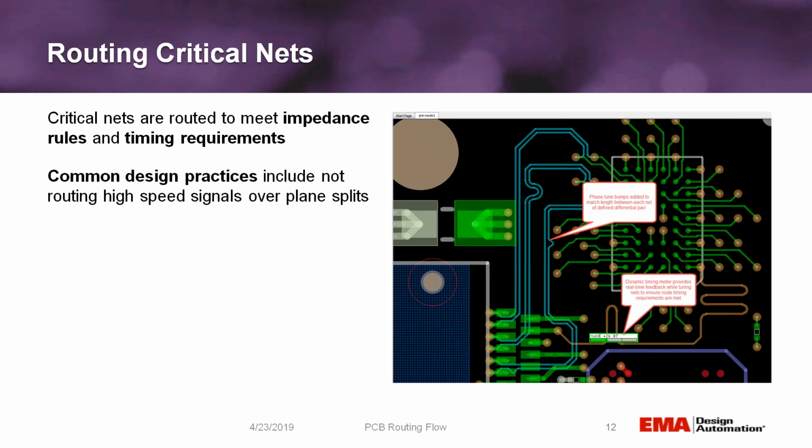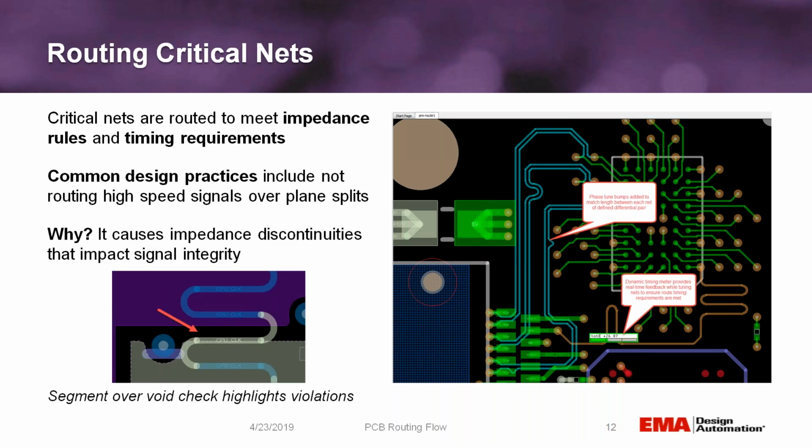Another common design practice when routing critical nets is not to route high-speed signals over plane splits. So you want to make sure that it's sandwiched in between some solid planes, or if it is a split plane, make sure that high-speed signal doesn't cross any of the splits. Because why?